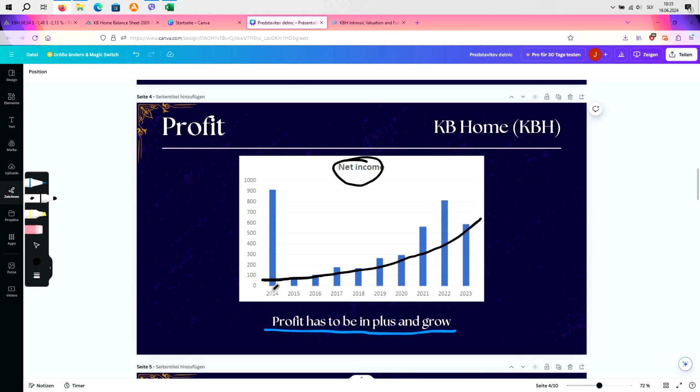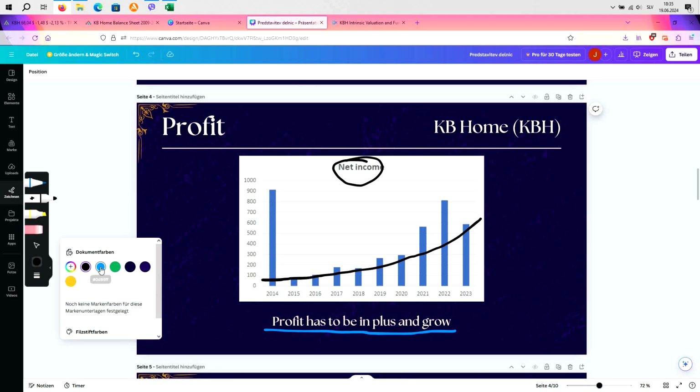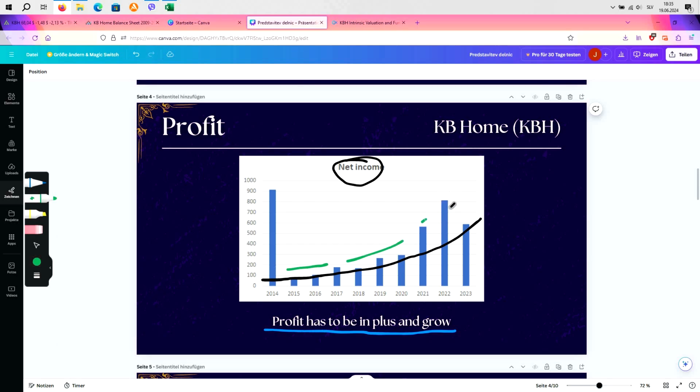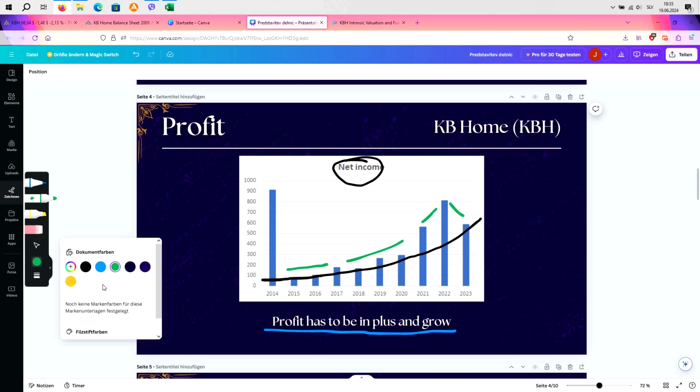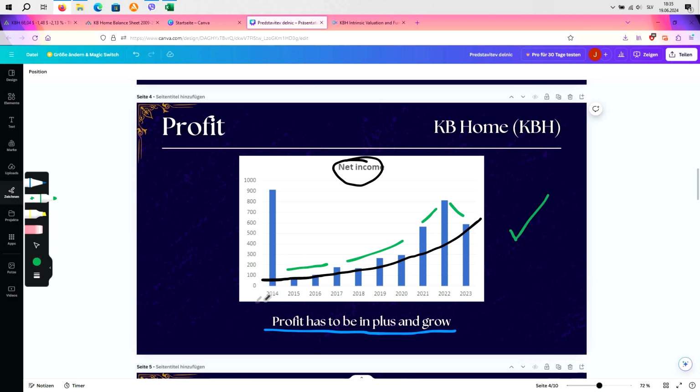Now you can see that in 2014 the profit was massively high, but during the other years the profit was significantly lower, but still kind of growing. You see, it kind of follows that line. Then in the recent years, it fell down a bit, but generally it follows that exponential line that we drew. So profit is also good to go, okay? Except here 2014, this is shit.